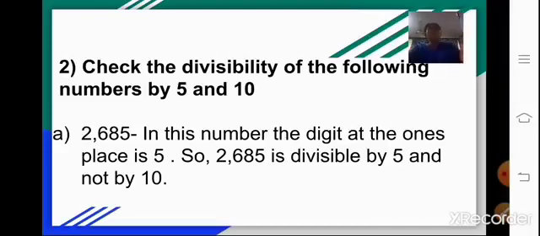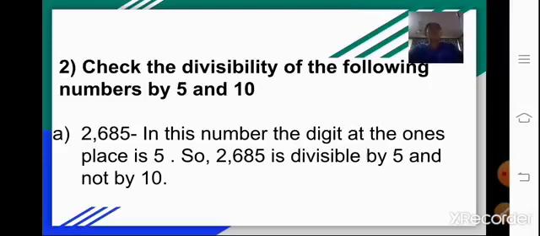Now the first number is 2,685. Now the rule for divisibility of 5 says that the number in the ones place should be 0 or 5. Whereas the rule for the divisibility of 10 says that the number in the ones place, or the units place, should be 0.